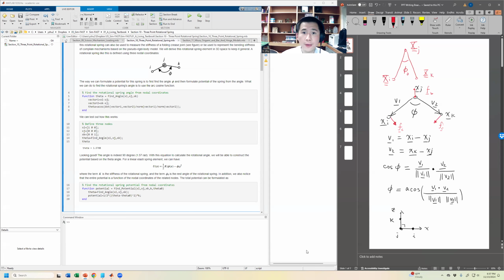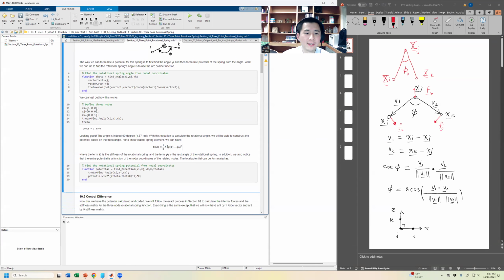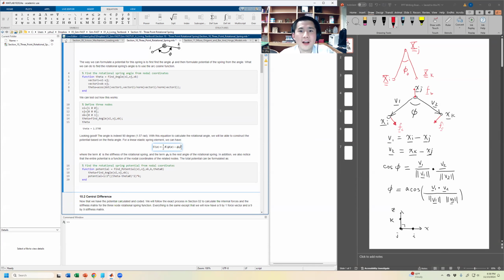All right, so then of course, without making our life too complicated, we want to start with the simplest potential formulation, right? And the simplest of it would be a linear elastic spring element. So basically, there's going to be one half the spring constant times the difference between the new angle and the stress-free angle. That's pretty much the simplest formulation we can set up for this three-point rotational spring, right?